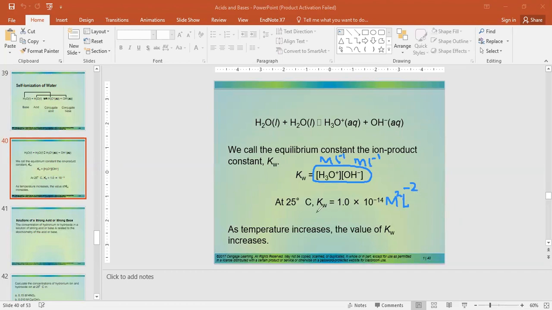So this is what you get. Now, this value changes depending on the temperature. If you change the temperature, the value is also going to change, because it is a function of temperature. So we are saying that as the temperature increases, this value of Kw also increases.